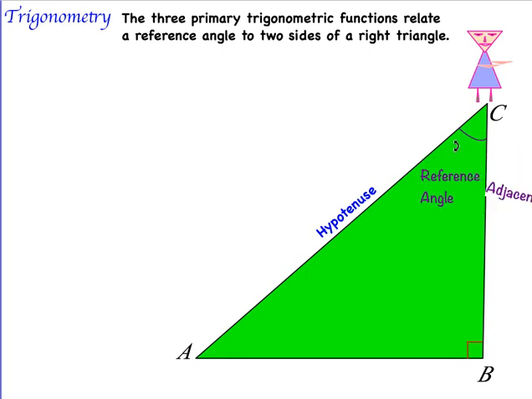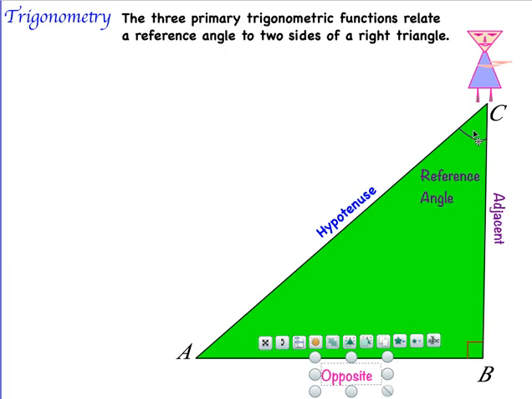Let's see if I can rotate this so that we can see it better. So that's my adjacent side. And the side directly across from the reference angle is our opposite side.